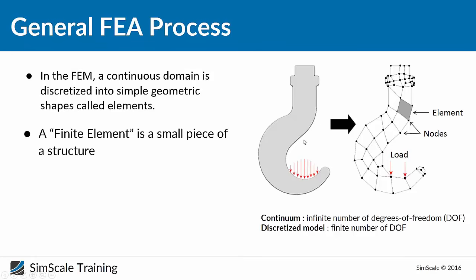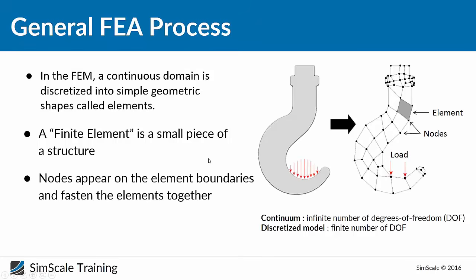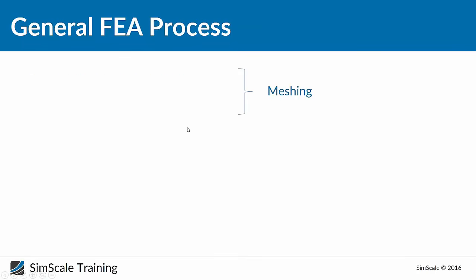And a finite element, and that's where the name comes from, is nothing more or less than a small piece of a structure. And the good thing is that now we can solve this equation for every one of the small structures. If you take a look at the element, we have nodes at the corners. And in the end, nodes are connecting the different elements together.